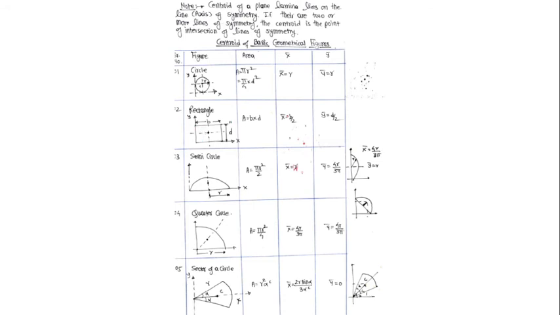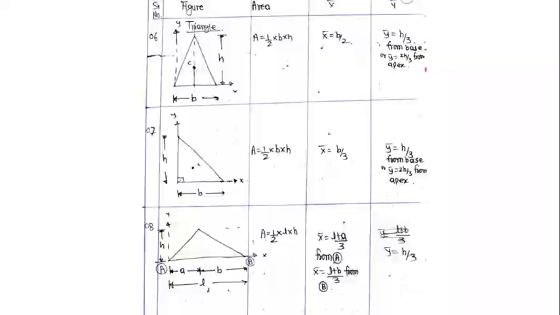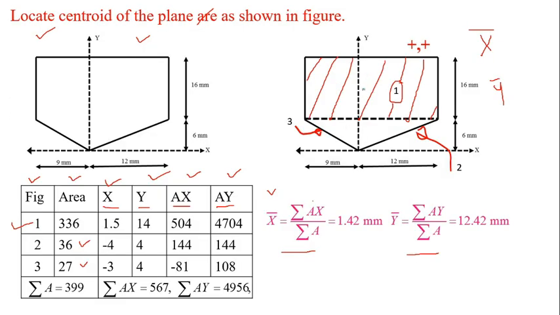So for this rectangle, x bar is equal to b by 2, y bar is equal to d by 2. So let us come to the problem. Now here say this is position of centroid of figure number 1. We know from the table x bar is equal to b by 2, means 21 divided by 2, and y bar is equal to d by 2, means 16 by 2.